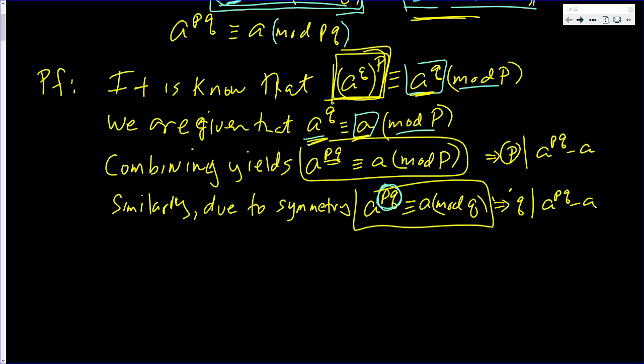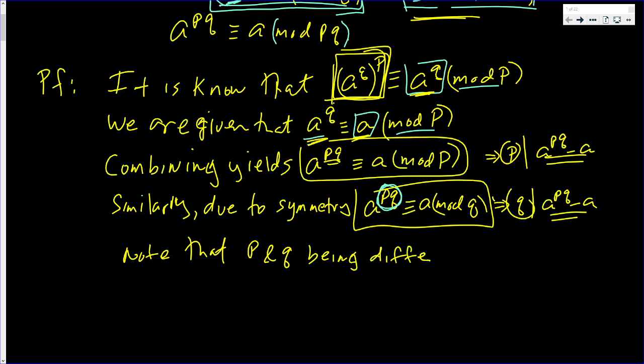So we have p and q dividing the same thing. But note that p and q being different primes implies that the GCD of p and q is 1. That is, they don't have anything in common.